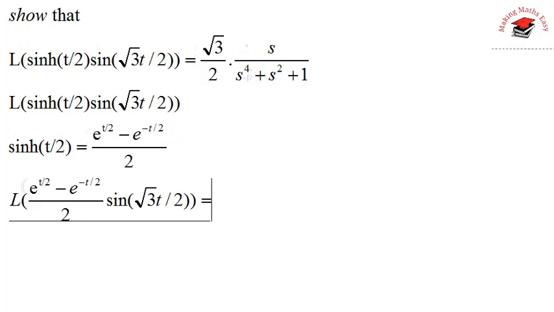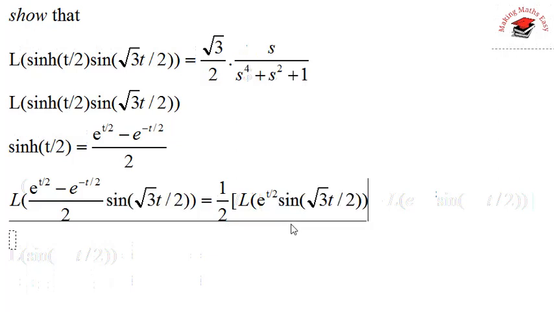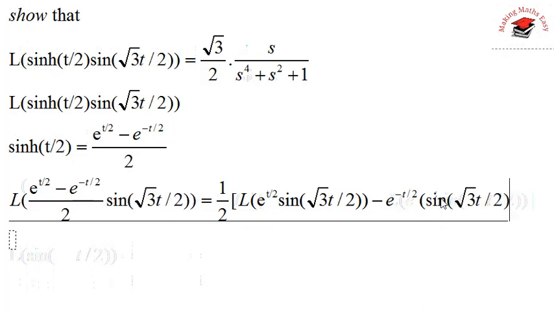So this will become equal to 1/2 times the Laplace of e^(t/2) multiplied by sin(√3 t/2), and again minus the Laplace of e^(-t/2) into sin(√3 t/2). So we need to find the Laplace of these both functions.